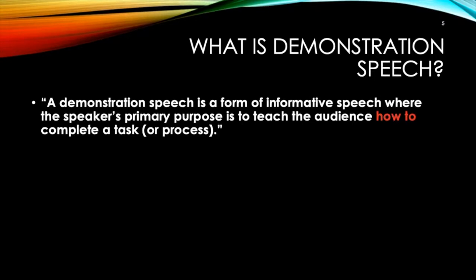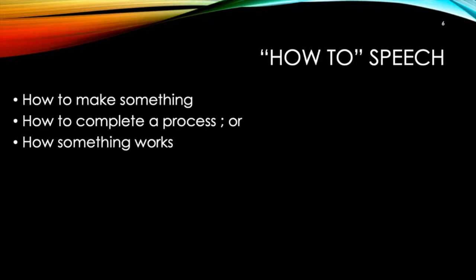Now, let's take a look at what you can include in your how-to speech. What do you talk about? Most people may talk about how to make something, how to complete a process, or how something works.